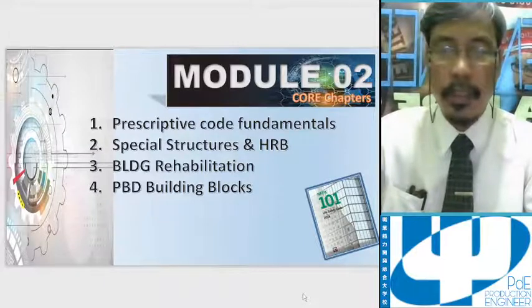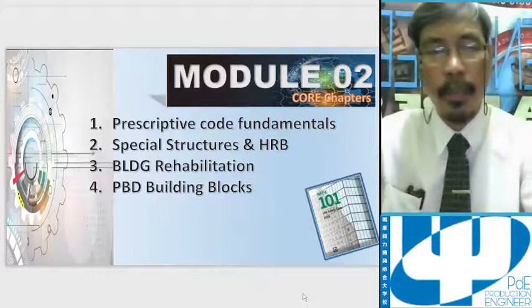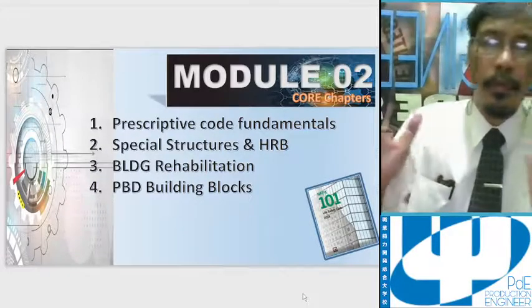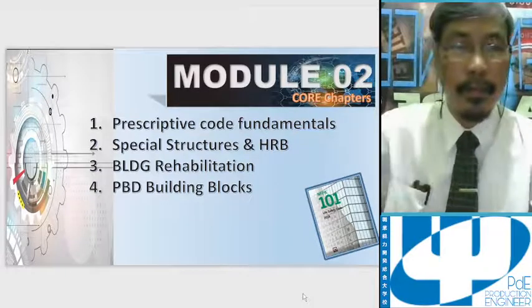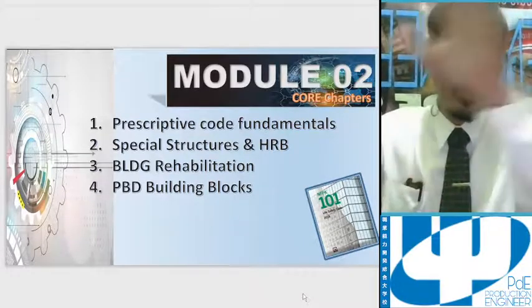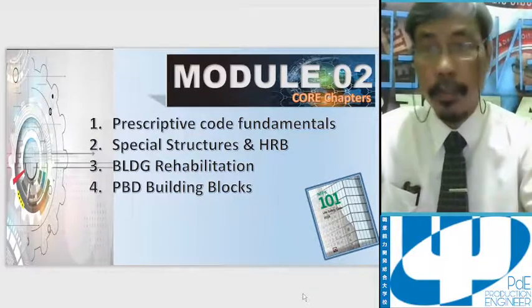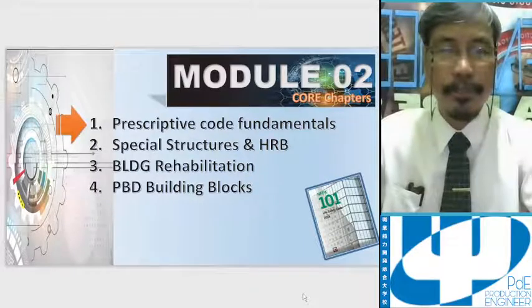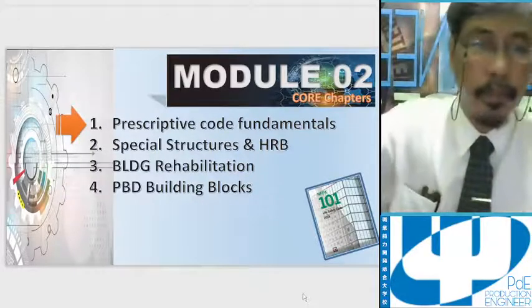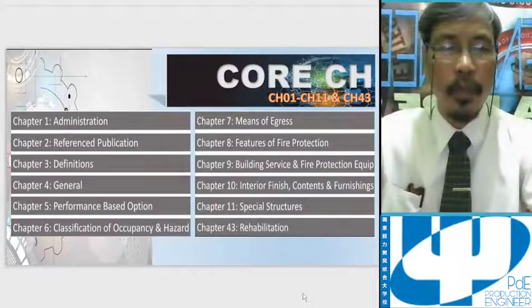Number 2, special structures, building rehabilitation, and PBT building block. So we divide the code provisions, or the core chapters, into 4. So let us start with the prescriptive code fundamentals. So module 2.1.